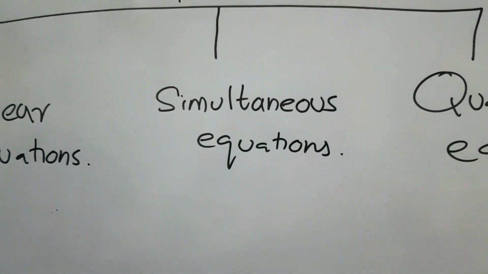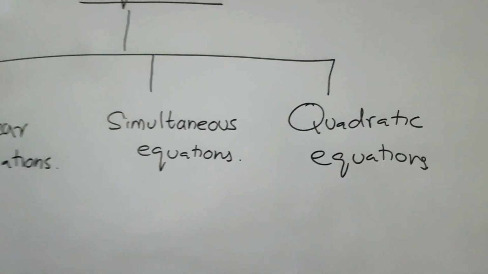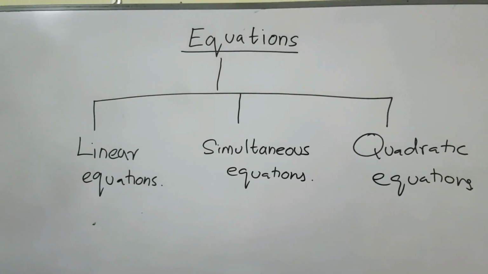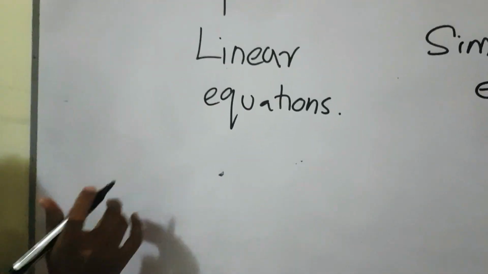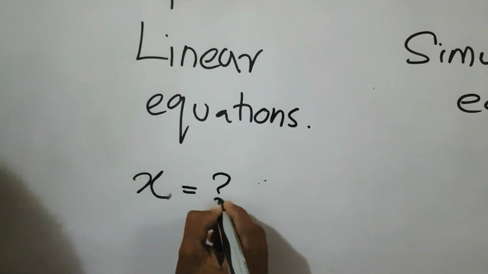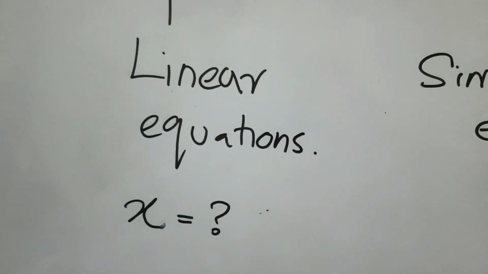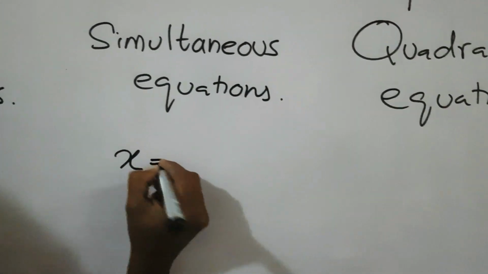And then first let's see the difference between these equations. Starting with linear equations, it has only one answer. We don't know one algebraic term and we are finding the answer for that one. In simultaneous, we are going to find answers for two unknown terms.